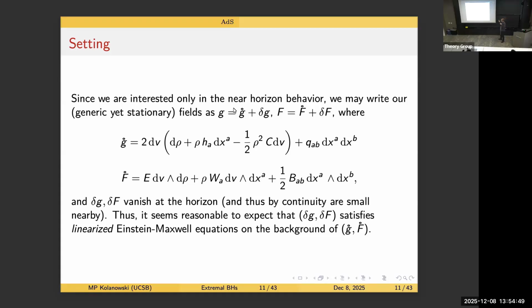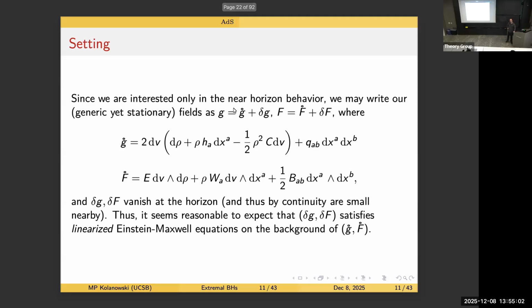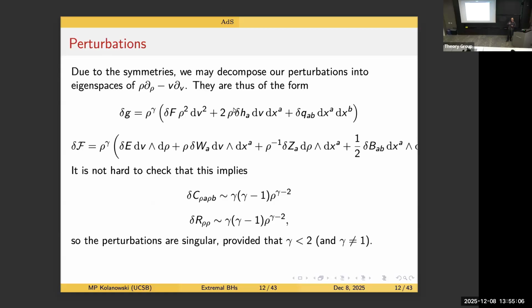It seems reasonable that if these things are small, then they should satisfy the linearized Einstein-Maxwell equations. This is the assumption that we're making for now. Could you numerically check the back reaction? Yes, we did it. And so this is a correct assumption.